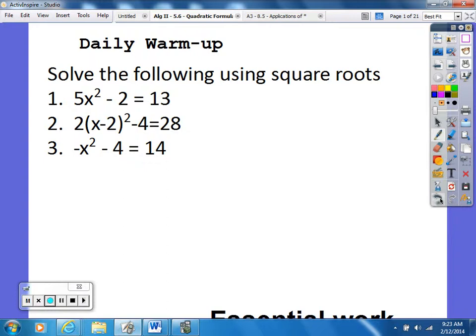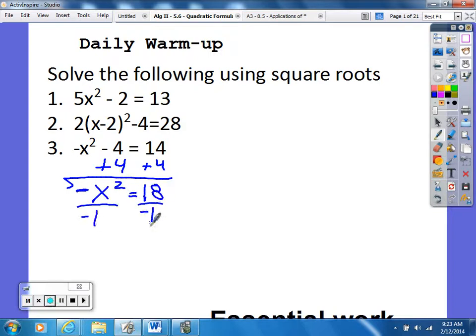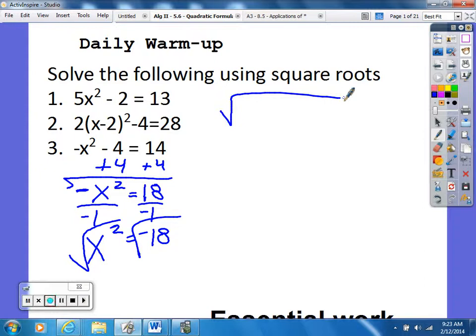Okay. Finally, number 3. You add 4. Negative x squared equals 18. Divide by negative 1. X squared equals negative 18. Take the square root. Now, what does that break up into? Dalton, do you have a question?